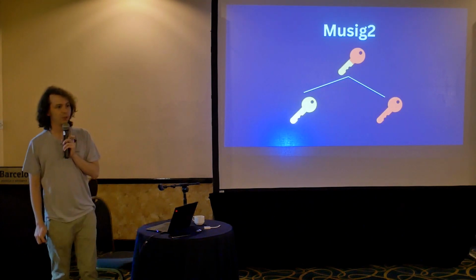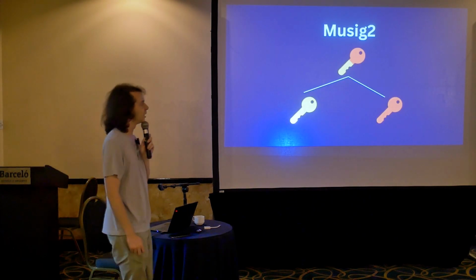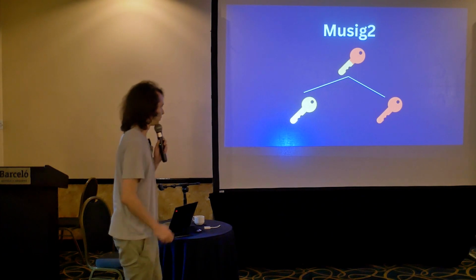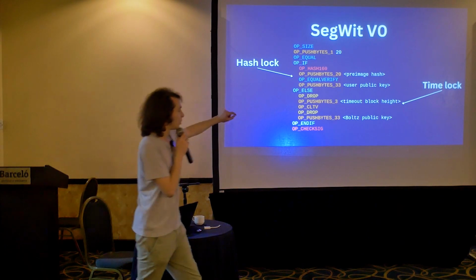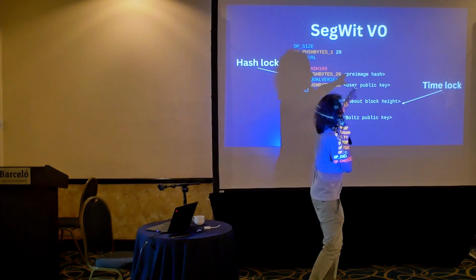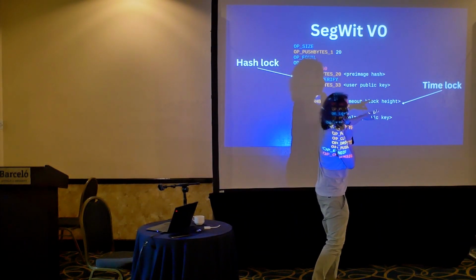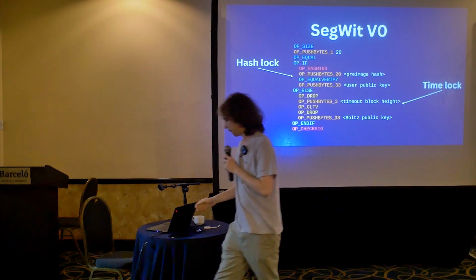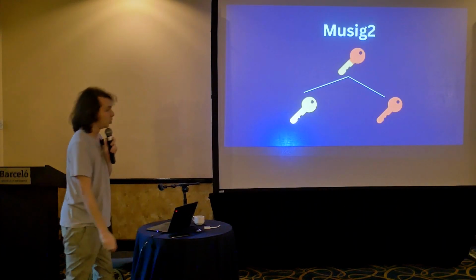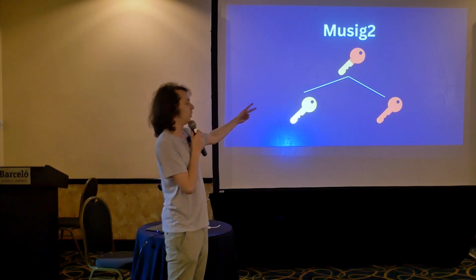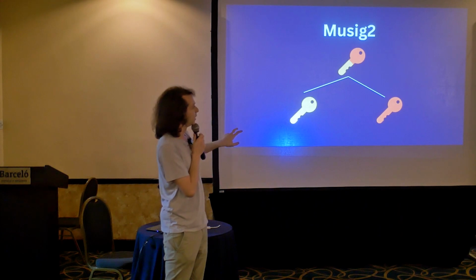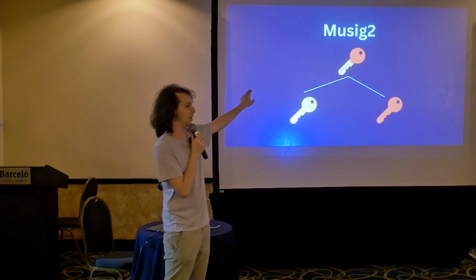The first primitive we used is Schnorr signatures with MuSig2. In the old script, we have two different public keys, one of the other party, of the user, and one of ours. What we do with MuSig2 is we take those two keys, one of ours, one of the user, and combine them into a single one.